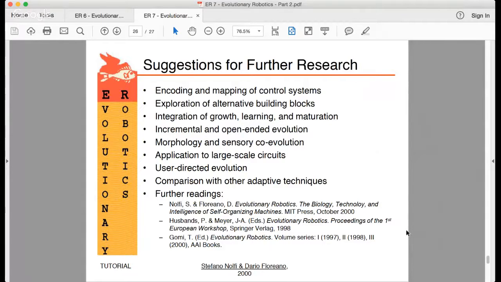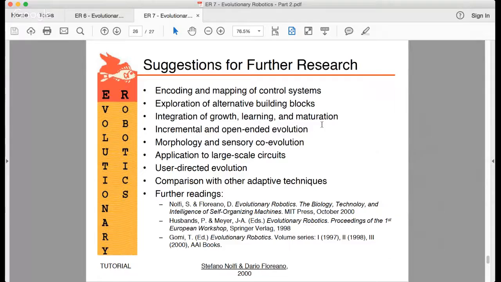So finally, we will see some suggestions for further research. Encoding and mapping of control systems, exploration of alternative building blocks. This is a good one. Integration of growth, learning, and maturation. Incremental and open-ended evolution.